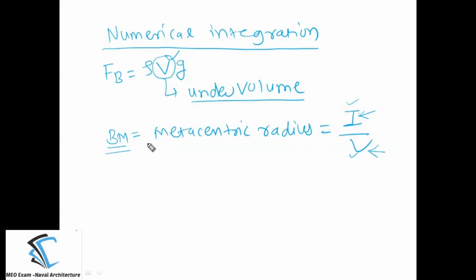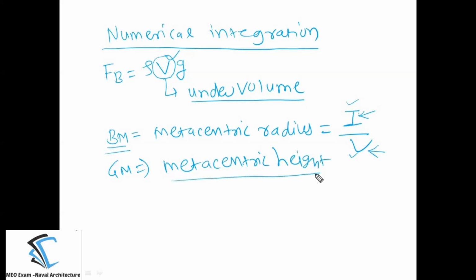And if you know the metacentric radius, you can easily find the GM, which is called the metacentric height. At this moment you will not understand the term metacentric height, but we are going to spend a lot of time on BM and GM in upcoming classes.